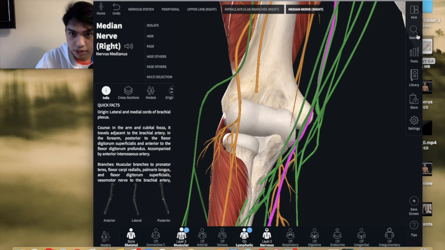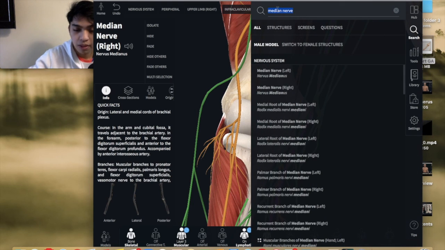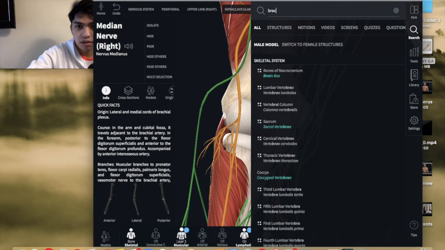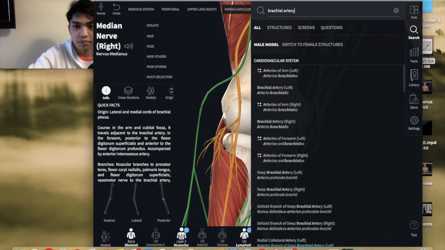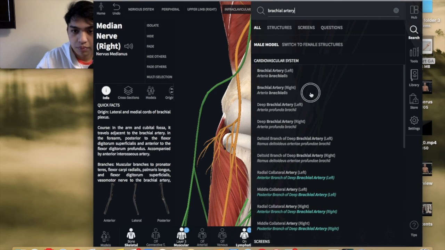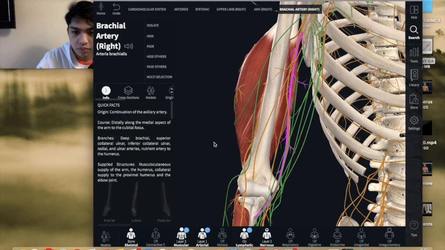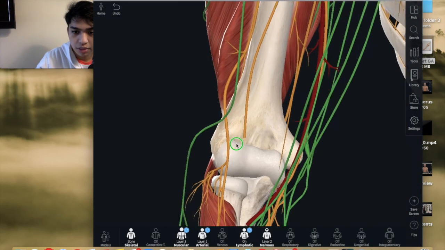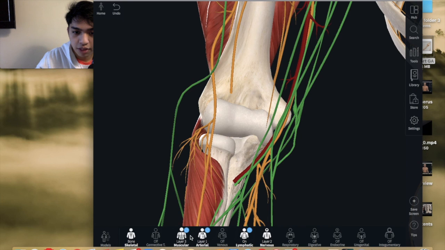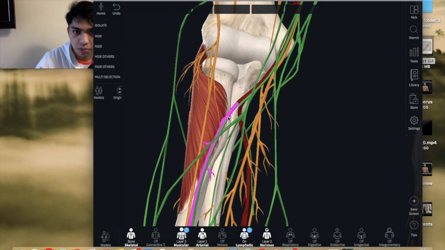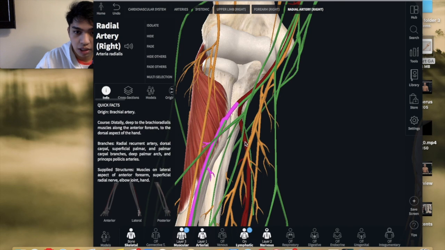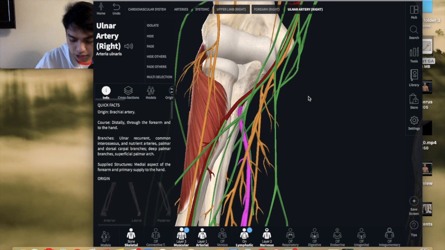But if you want to see it, sige, brachial artery. Yeah, that is the brachial artery. And if it bifurcates, let's show them. Yan ang bifurcation. So this portion is the radial artery, and this is the ulnar artery.